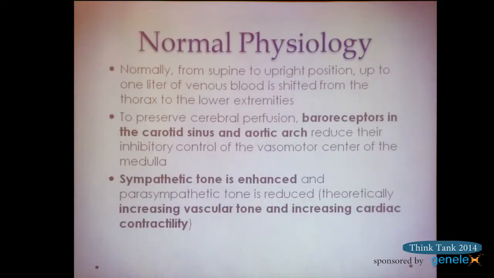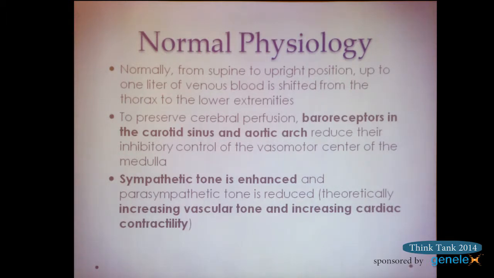Normal physiology, when we stand up, from the supine to upright position, about a liter of venous blood is shifted from the thorax to the lower extremities. And to preserve cerebral perfusion, there are baroreceptors in the carotid sinus and aortic arch that reduce their inhibitory control of the vasomotor center of the medulla.